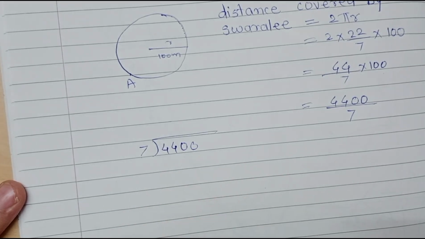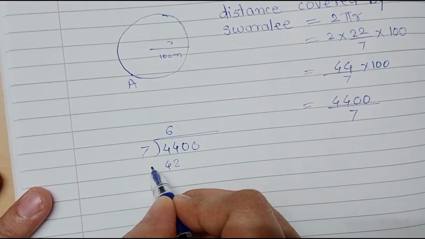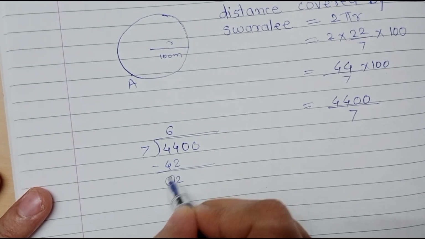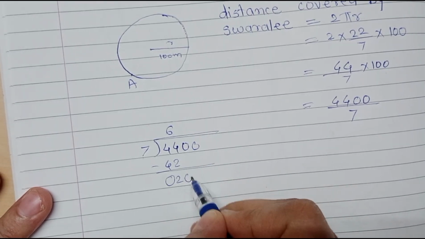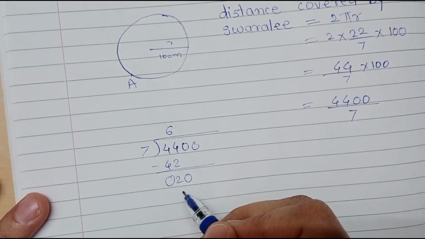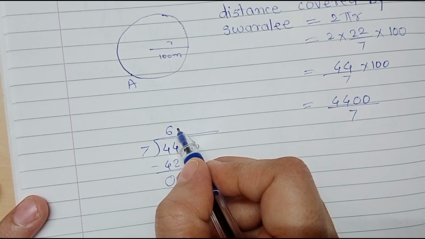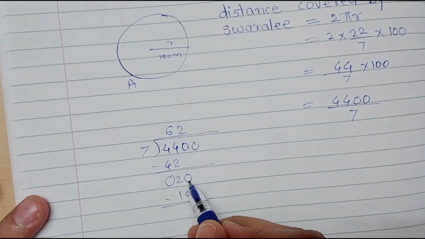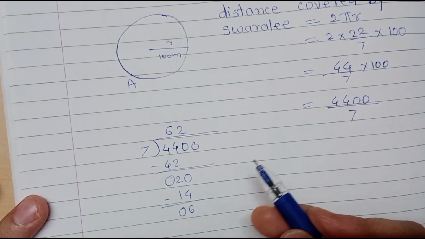4400 divided by 7. 7 6s are 42. 2 will be here, then this 0 will be here. 7 2s are 14. Again here will be 6 and here 0.